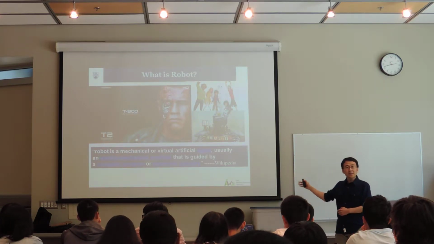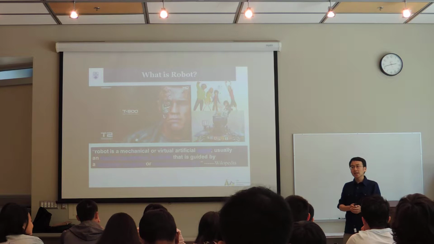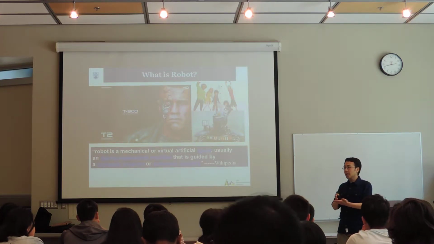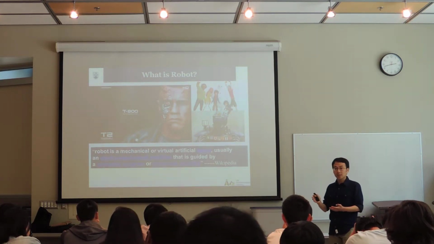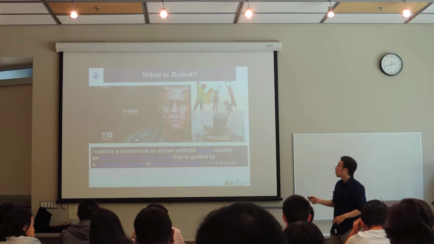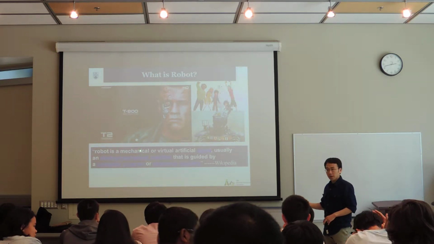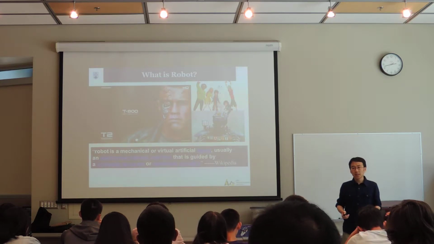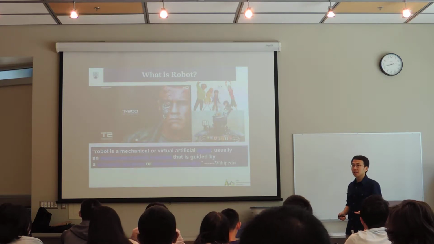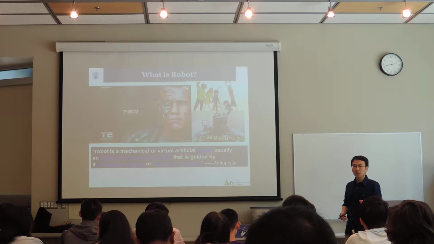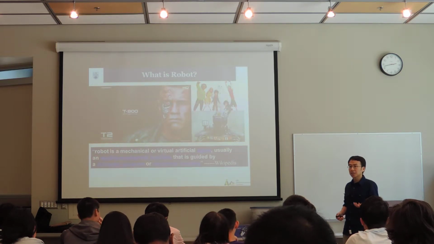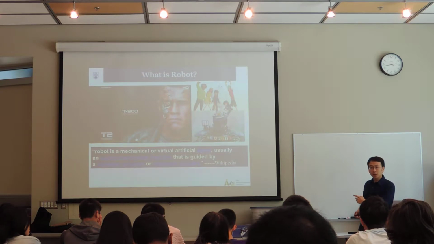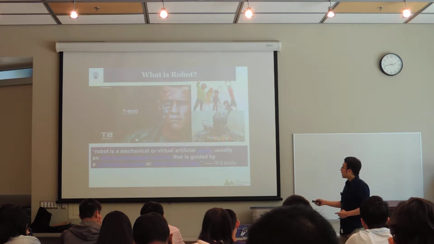From this definition, we can see that we can divide the robot concept into two main parts. One is hardware, and another one is software, which you are concerned about today, like software, computer science, computer engineering. All of this can be applied to the robotics area.